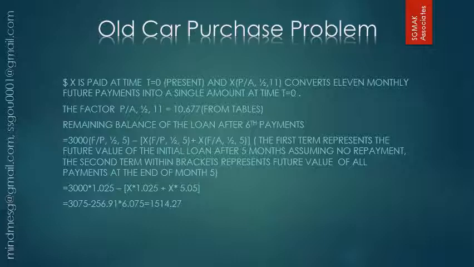So out of an initial loan of $3,000, and having made 6 payments as described here, at the end of 5 months, you still have a remaining balance, almost half of the loan, $1,514.27.